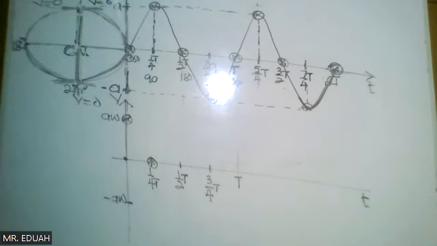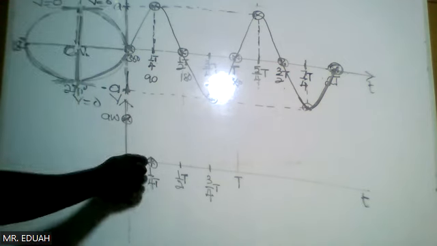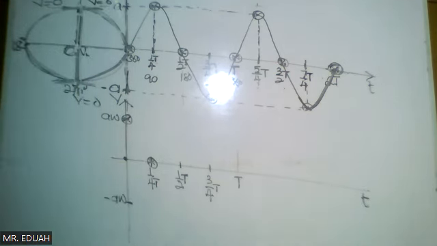So it cannot be 0. This is quarter of the period. Negative amplitude.